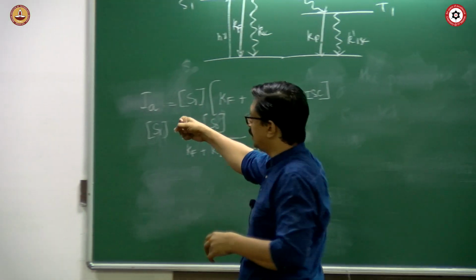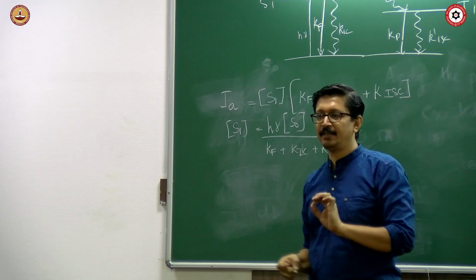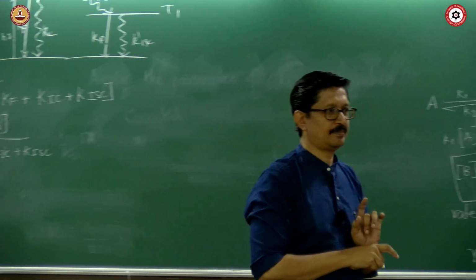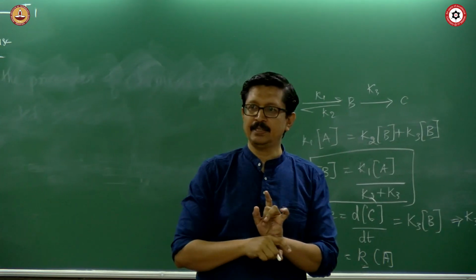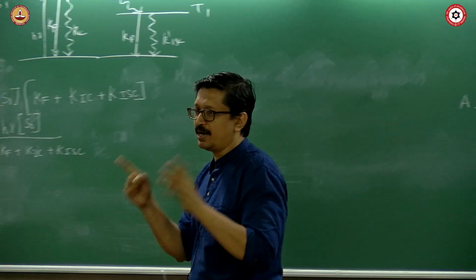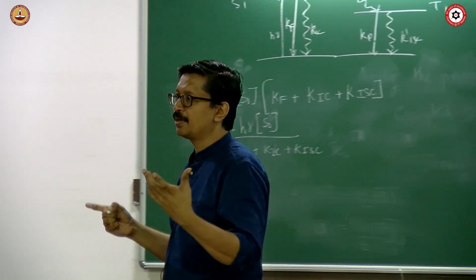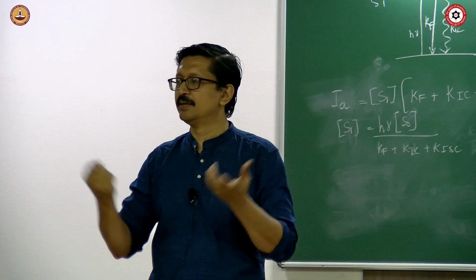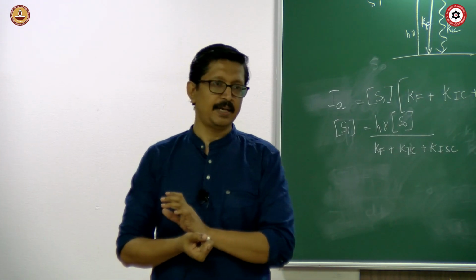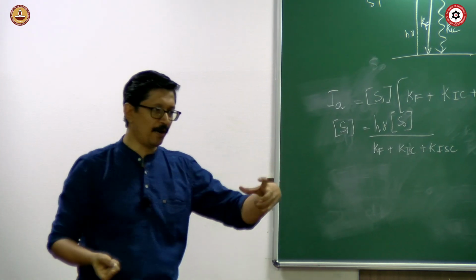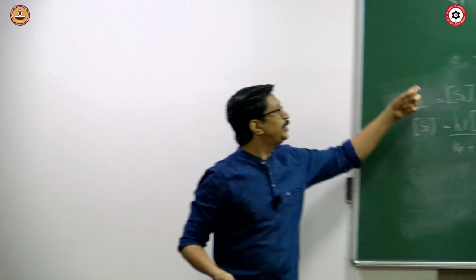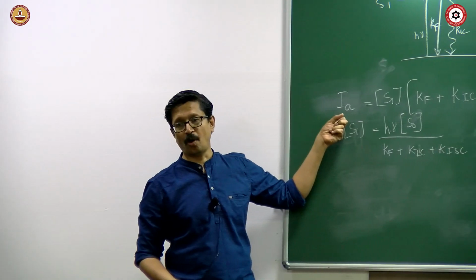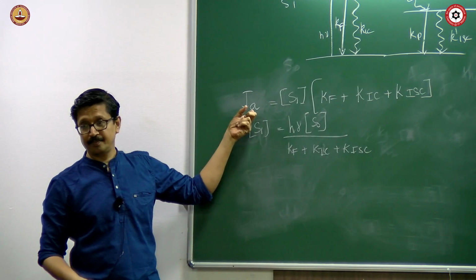One more assumption is there: every photon that is falling on the system is getting absorbed. That means there is a quantum efficiency of 1. No photons are getting misused or lost. So every photon that is falling is absorbed. Then the rate of this excitation depends upon the intensity of the light absorbed. This A is very important.